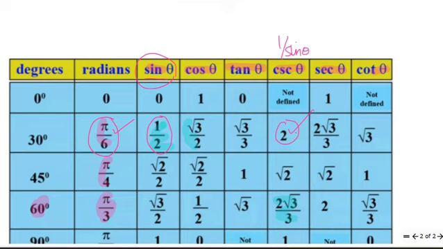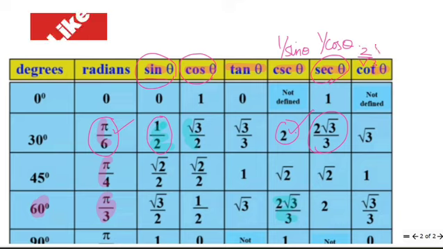Similarly, secant theta is the reciprocal of cos, so once we are thorough with cos theta, we can interpret it easily. This will give 2 over root 3. To avoid the radical, they multiplied by root 3 on the top as well as the bottom, so we get 2 root 3 over 3, since root 3 times root 3 is 3.